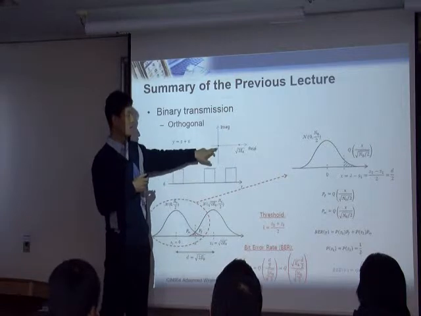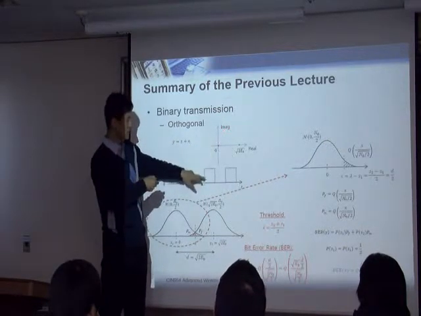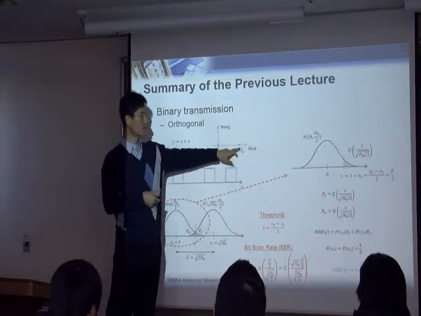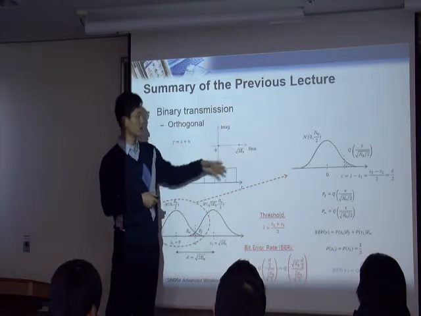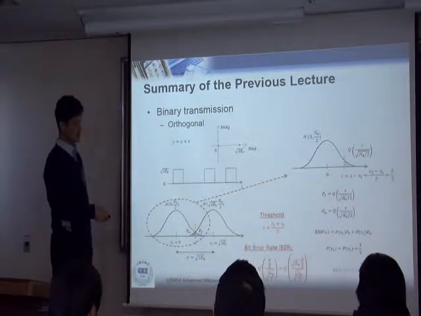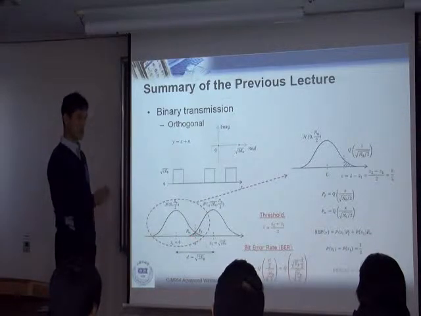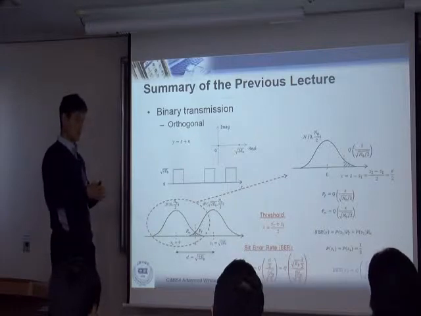If you measure no energy, that means this one. If you measure a certain energy, then that basically means this one, in terms of this model. So you can use the same model and try to find out the error probability. The goal, even in that case, is to minimize this error probability.